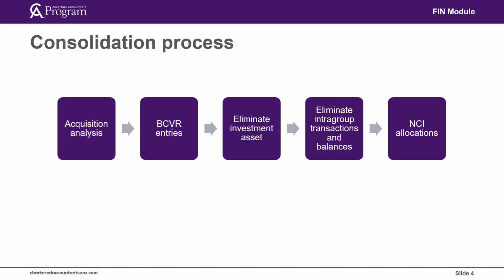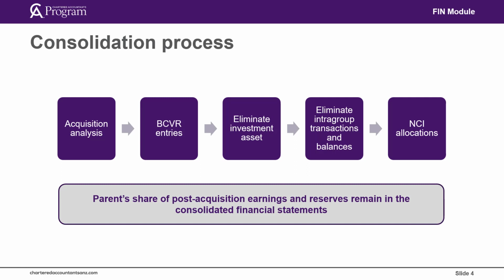Now, a really important concept to grasp here is that the effect of all these consolidation journal entries that we're making each reporting period is that what remains in the consolidated financial statements is the parent's share of the post-acquisition earnings and reserves that it's made from the subsidiary since it gained control of it.